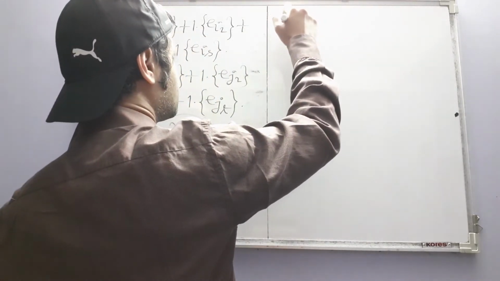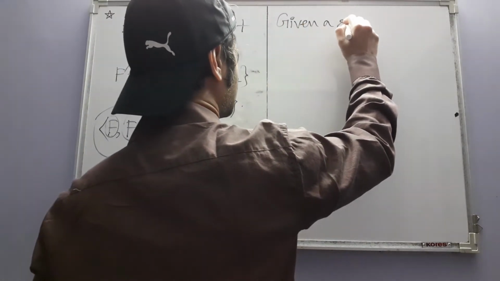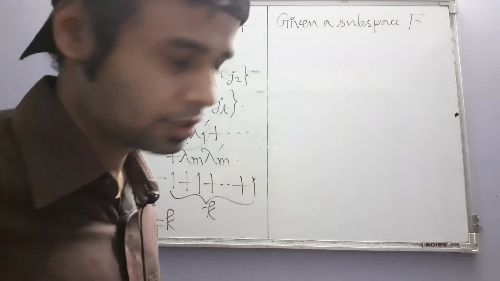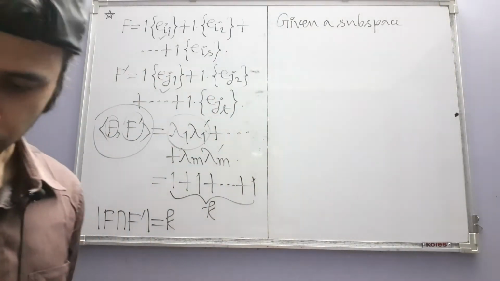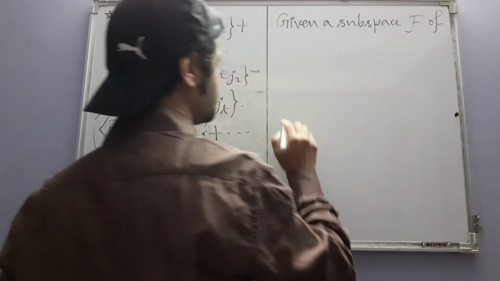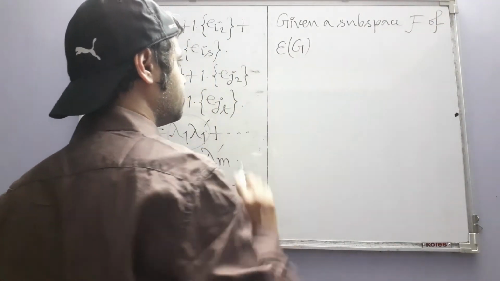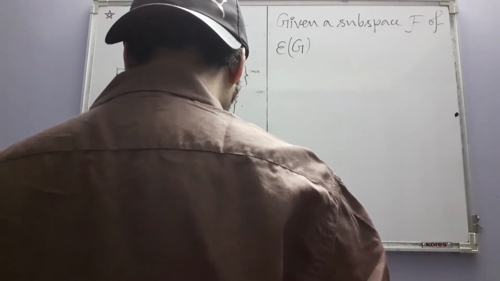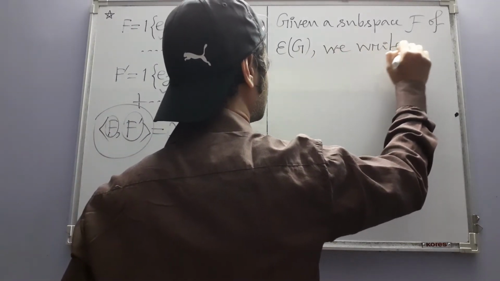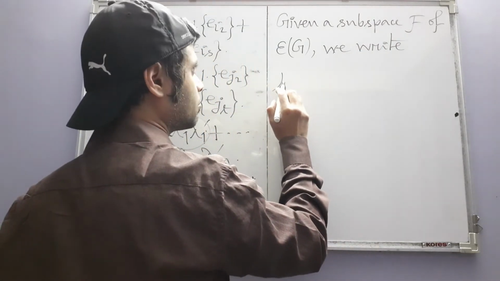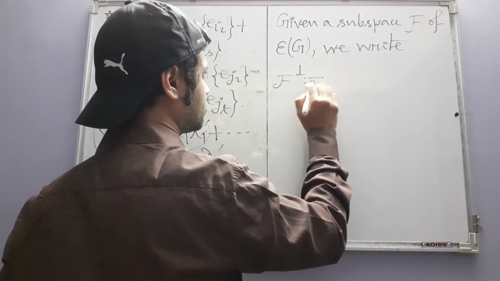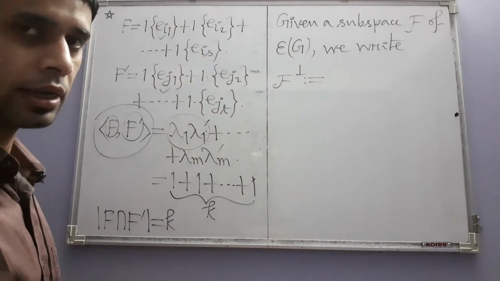Given a subspace F of the edge space of G, we can define this, which also you may recall from linear algebra.